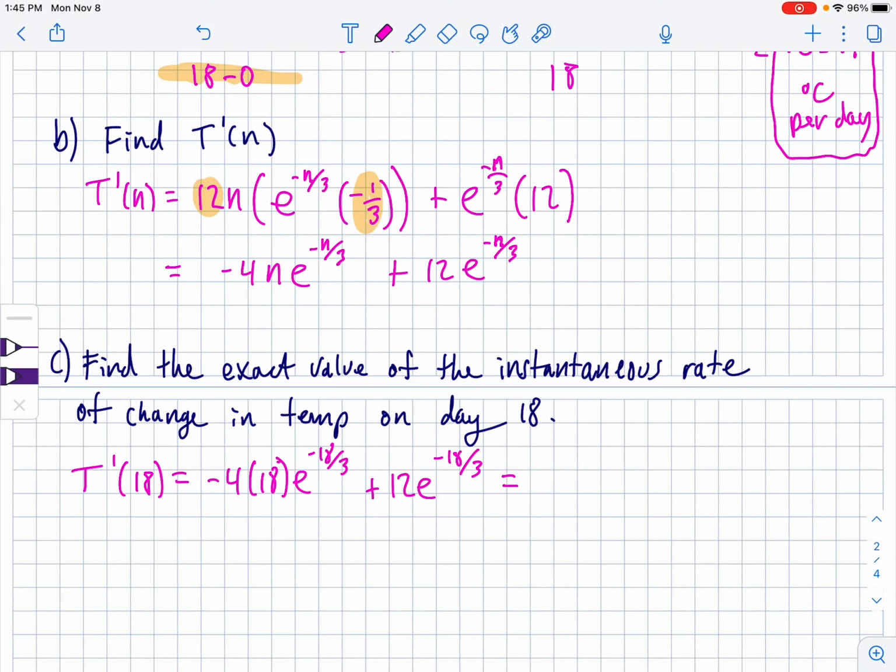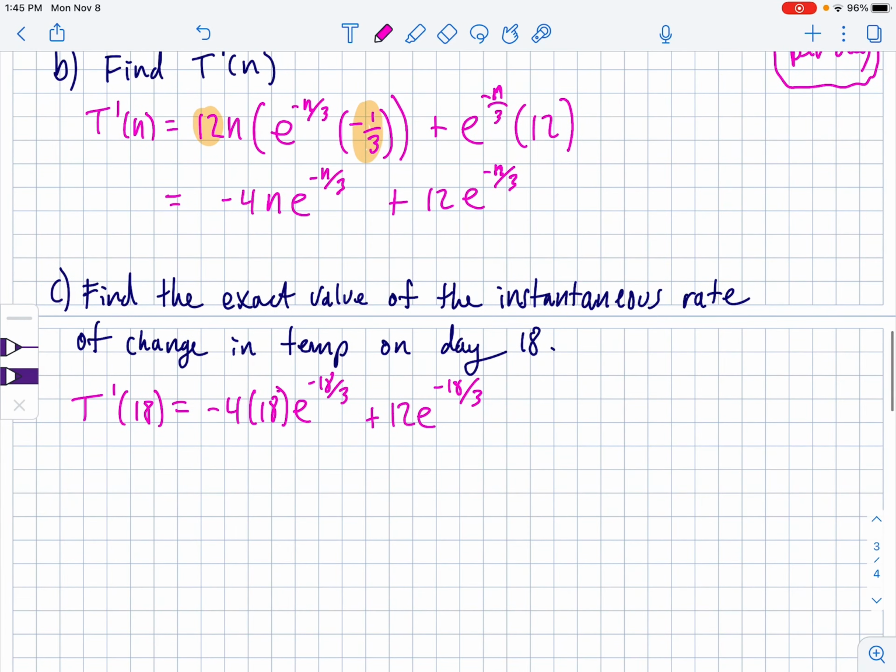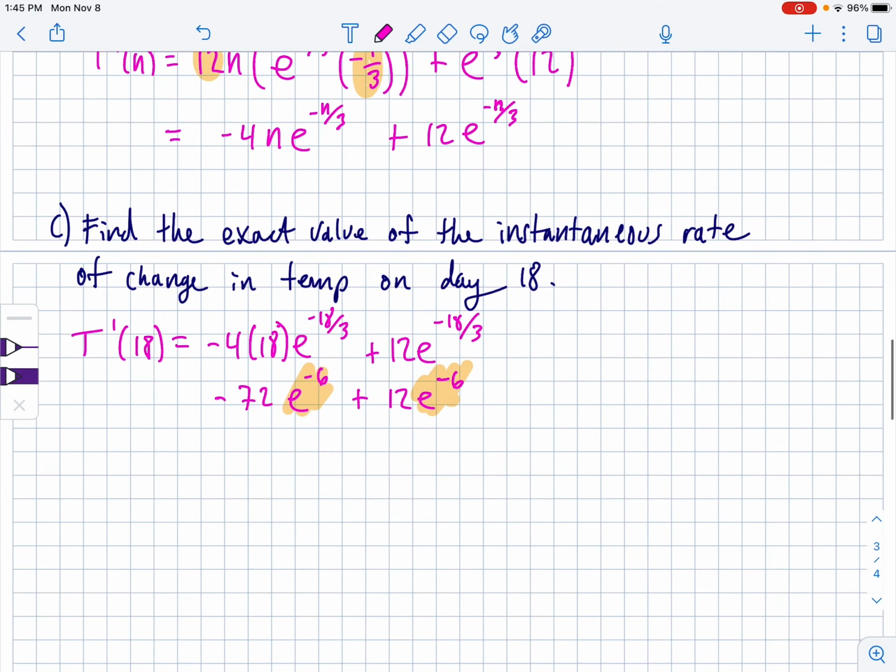Let's show some steps. Negative 4 times 18 is 72, so this is negative 72e to the negative 6th, and then this is 12e to the negative 6. They both have e to the negative 6, so they are like terms. If you add those two together, you get negative 60e to the negative 6th.